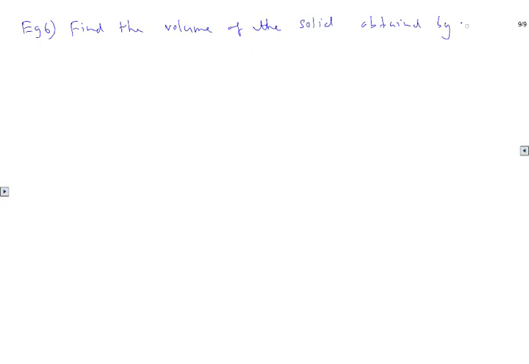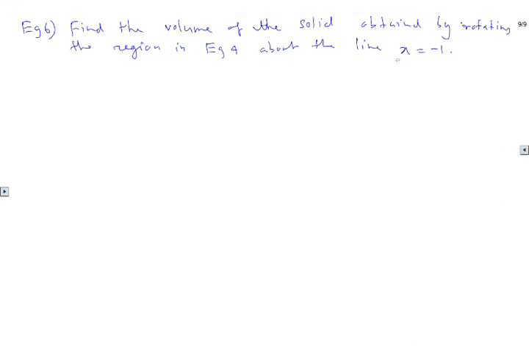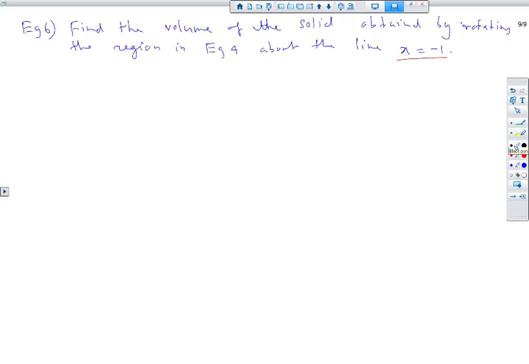Find the volume of the solid obtained by rotating the region in example 4 about the line x equal -1. Okay, so what we have is the same problem, but now you rotate about the line x equal -1. So let's see what's going to happen here.